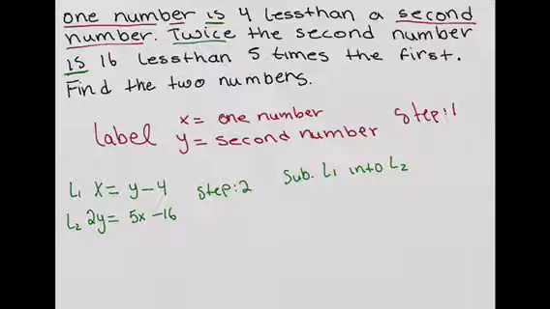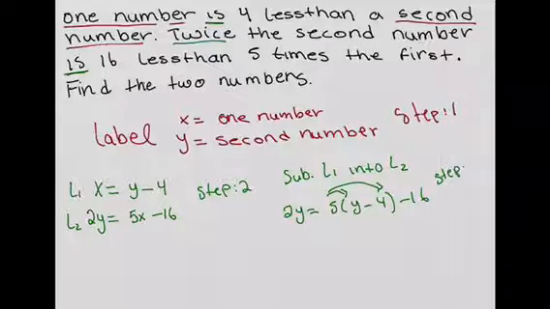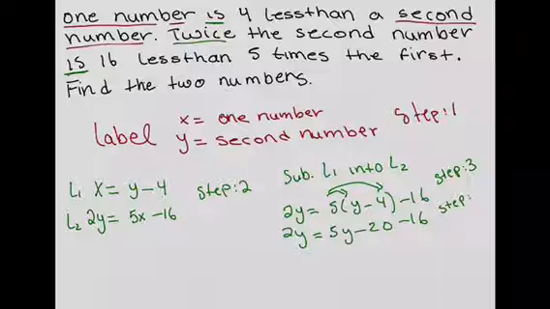So I have 2y equals 5 times y minus 4 minus 16. Go ahead and distribute. Now the substitution process was my step 3. Distribute: 2y equals 5y minus 20 minus 16. The distribution process was my step 4.